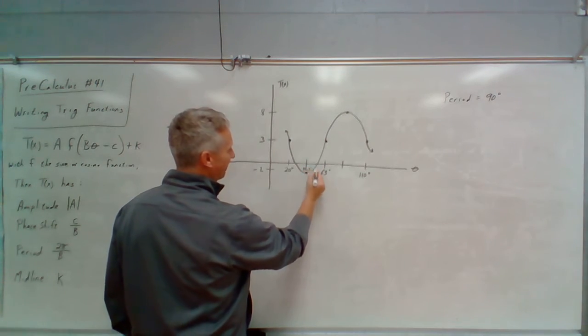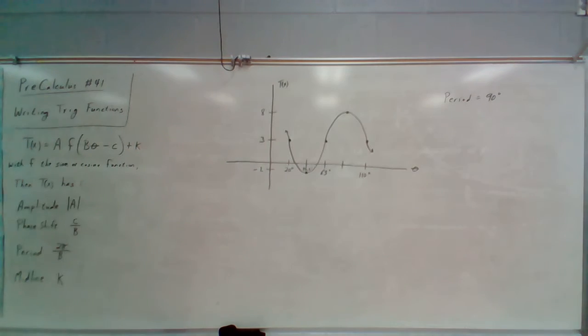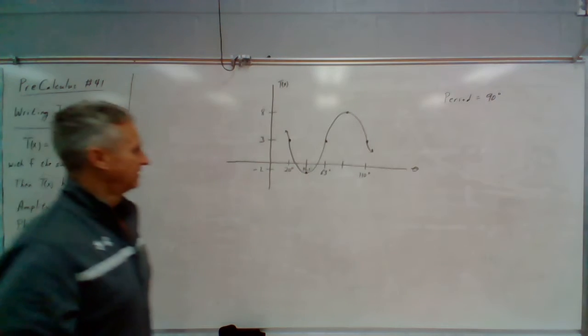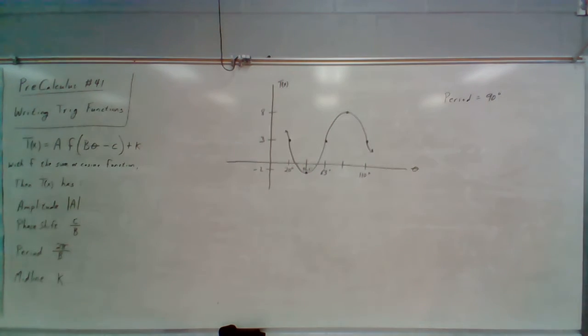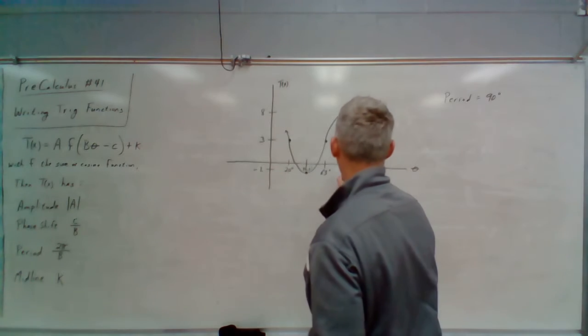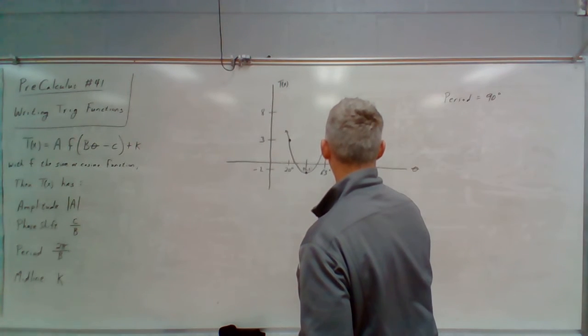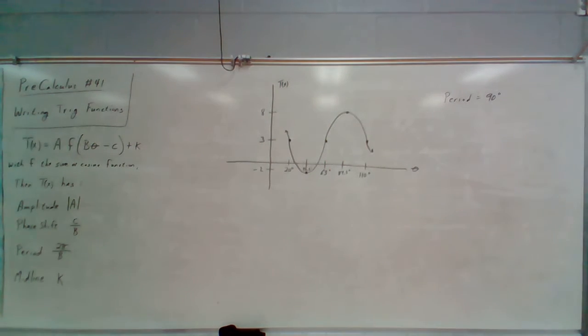So 42.5 degrees. And halfway between 65 and 110 is, let's see, let me pull out a calculator. 65 plus 22.5, that's 87.5 degrees.